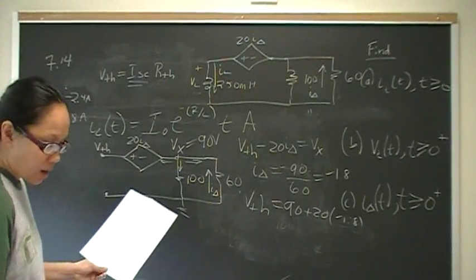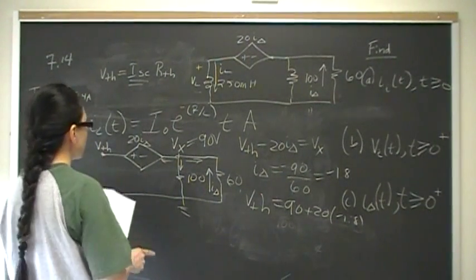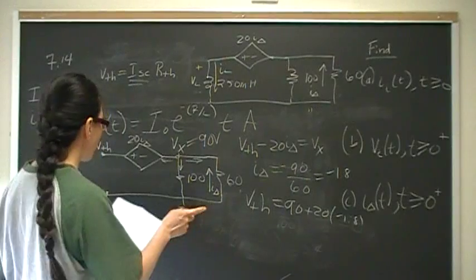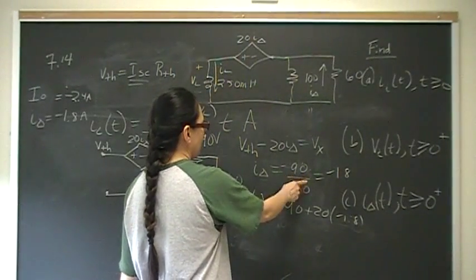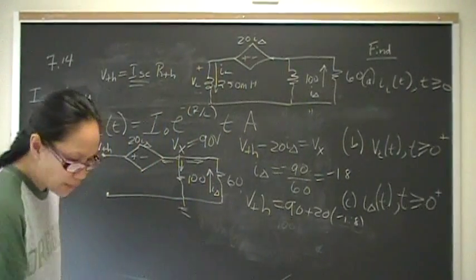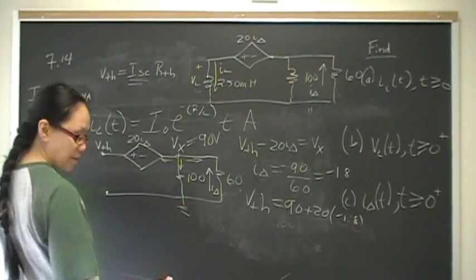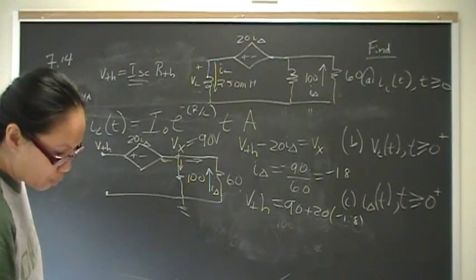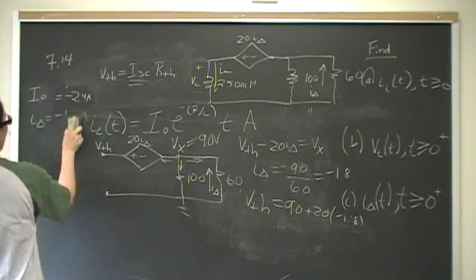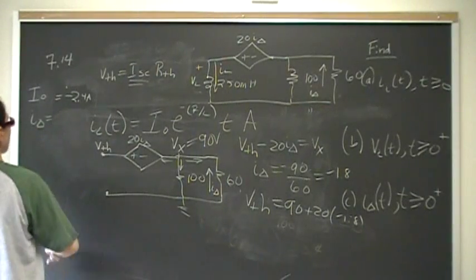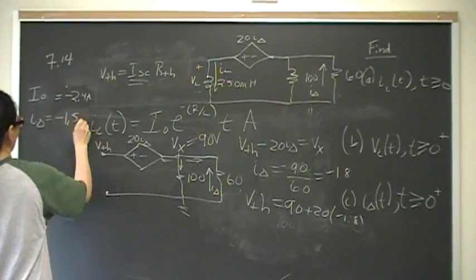Oh, that's because I had a typo on my calculator. I said I delta is negative 90 over 60, and then I said that was 1.8, but somehow I typed 90 over 50, which is why my math isn't working out. It's really negative 1.5 amps.